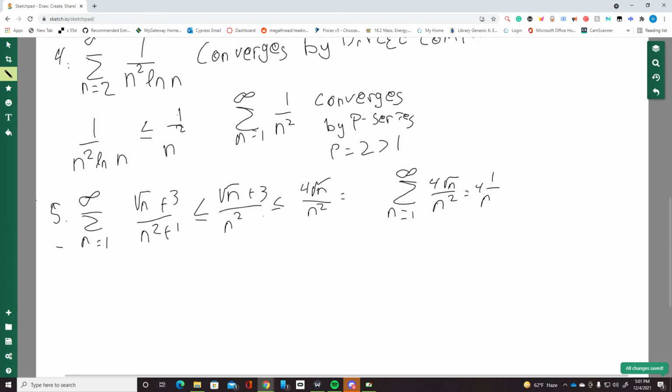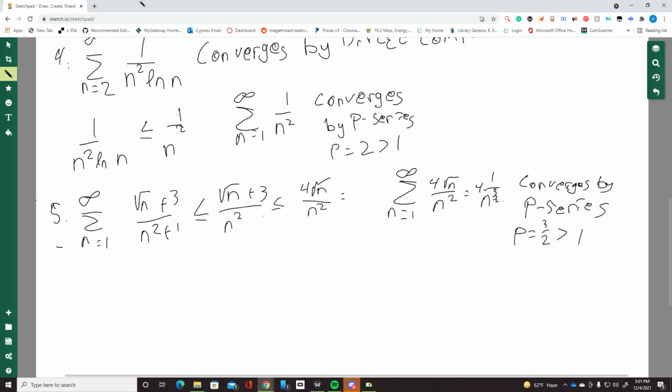Now we can notice that this is in the p-series form. So this converges by the p-series test because p equals 3 over 2, which is bigger than 1. Simple enough.